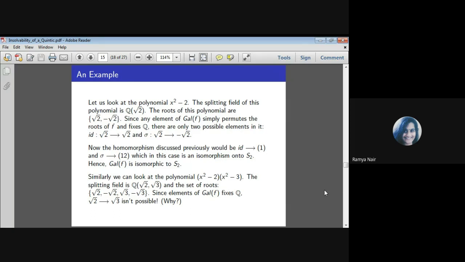So here the map would be identity, which is not doing anything, so it is just going to the identity of S2. And the other one is permuting those two roots. You can call square root of 2 as 1 and minus square root of 2 as 2. So it sends 1 to 2, the first root to the second root. That is why the map is sigma going to (1 2).